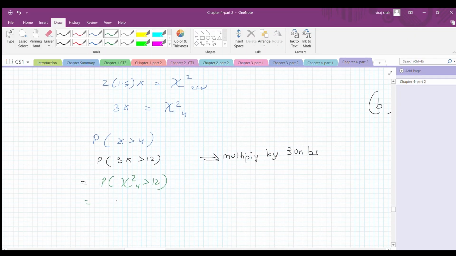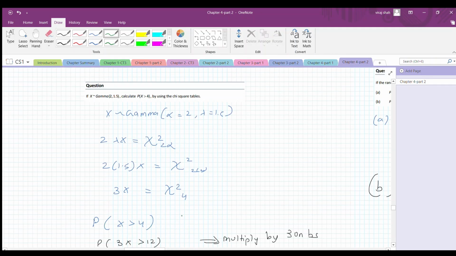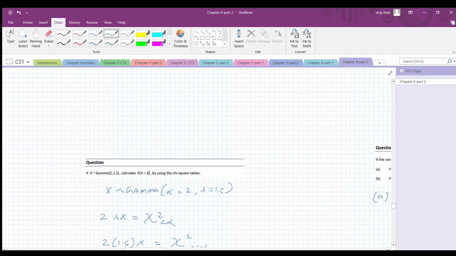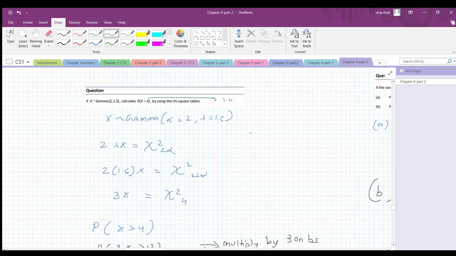So I can write this as 1 minus the probability of less than 12, and from our tables my answer would be 0.017 something, nothing but 0.0174. So my probability that for gamma x is greater than 4 is nothing but 1.74 percent.